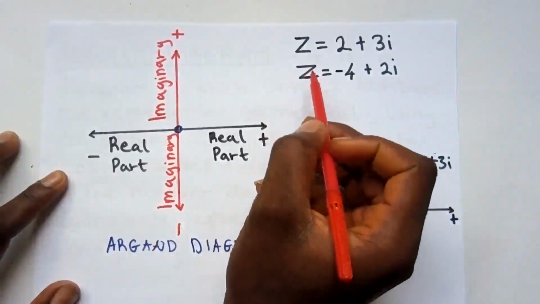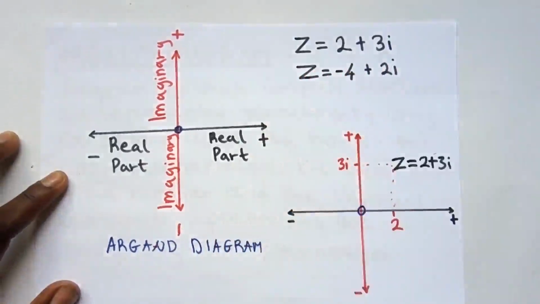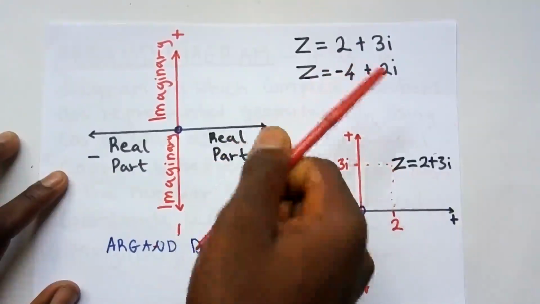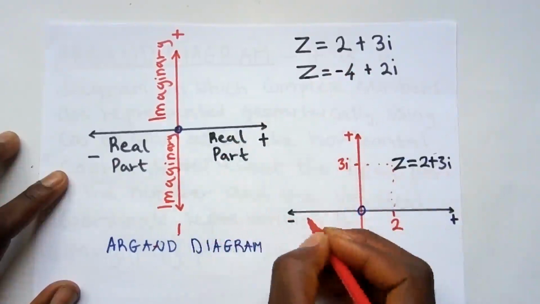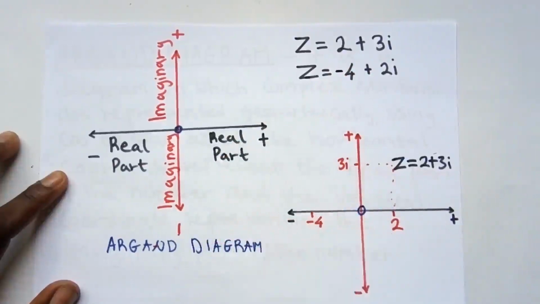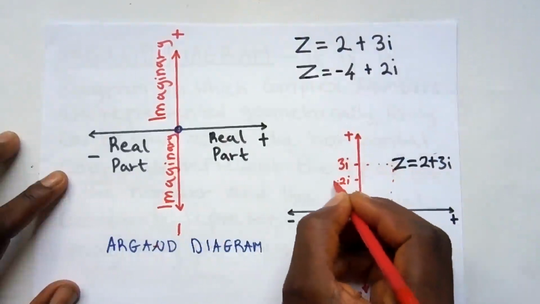Look at the second example here. Z is equal to minus 4 plus 2i. This minus 4 is the real part. Look at the real axis here. So minus 4 should be around here. Plus 2i.